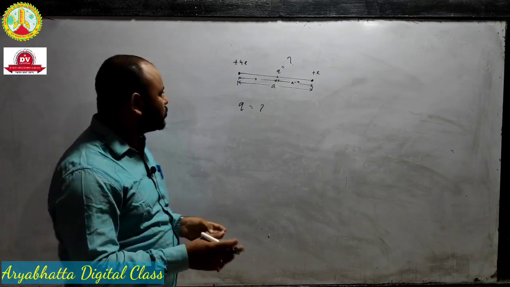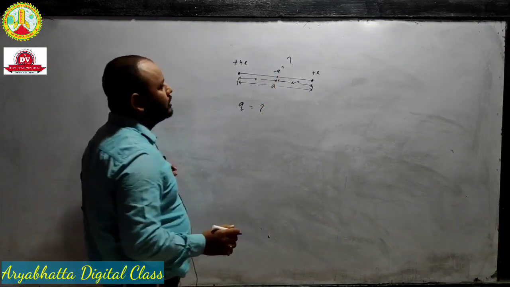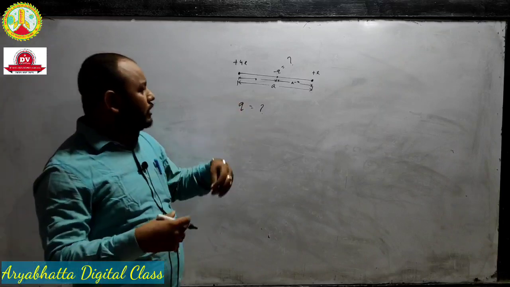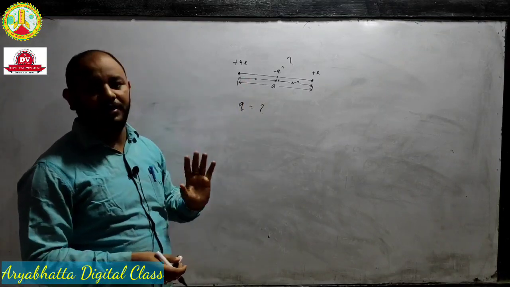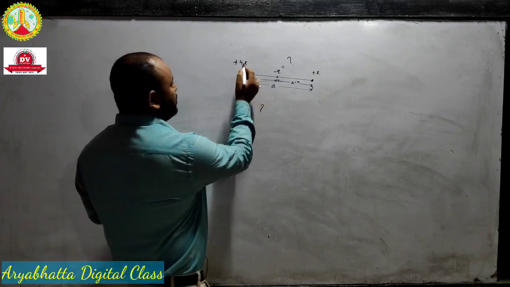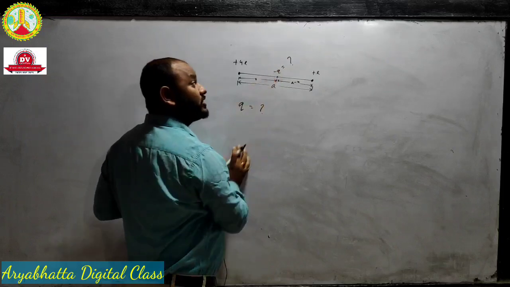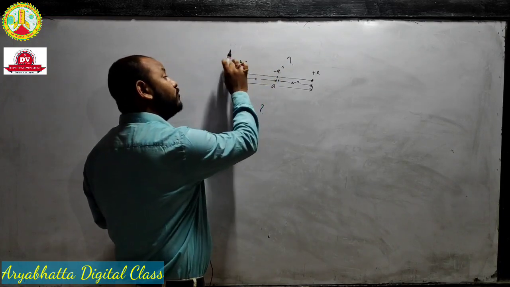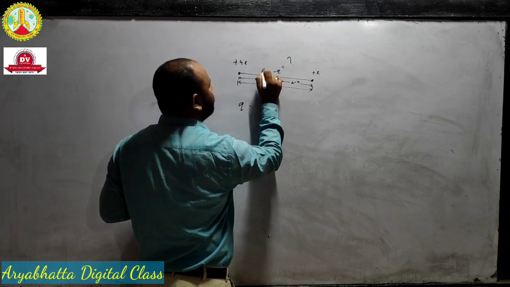The process is the same. Let us take a negative charge. If we take a negative charge, it will also be in equilibrium, because plus 4e is positive and minus q is negative, and this plus 4e will attract minus q in this direction with a force F1.